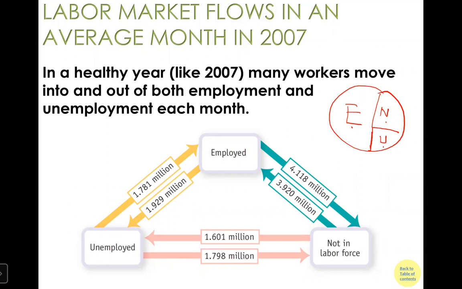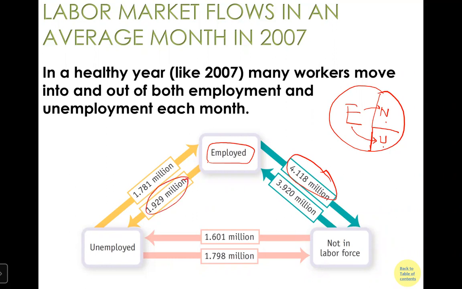Now, if you live in island E, you could move to N. You can also move to U. If you move to N, that's the size. If you move to U, that's this number.